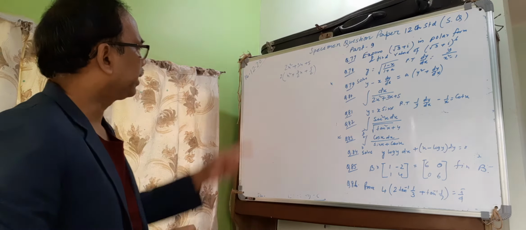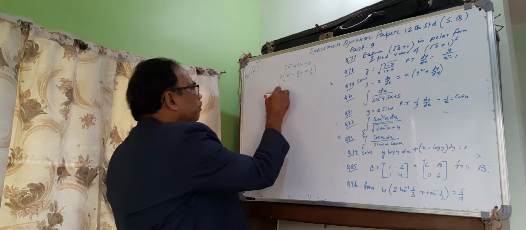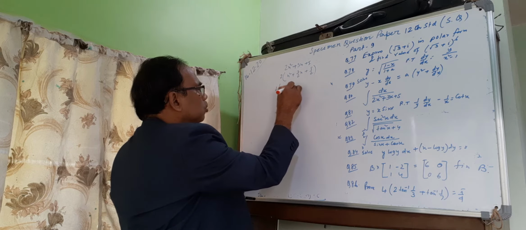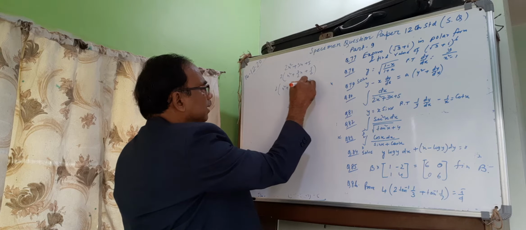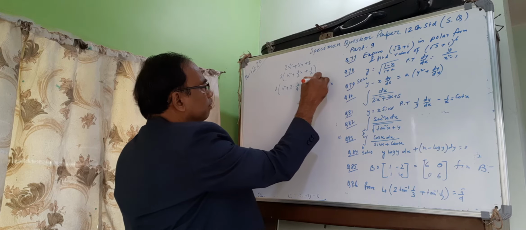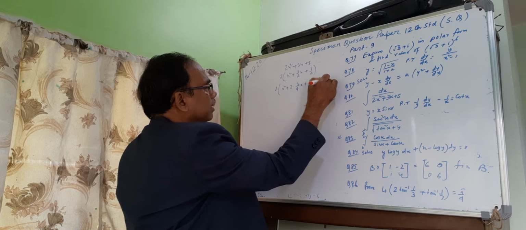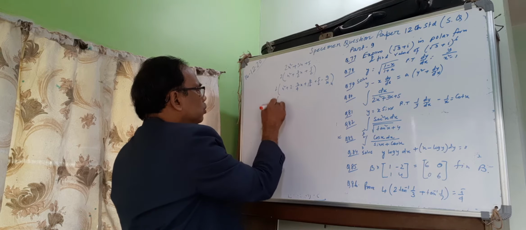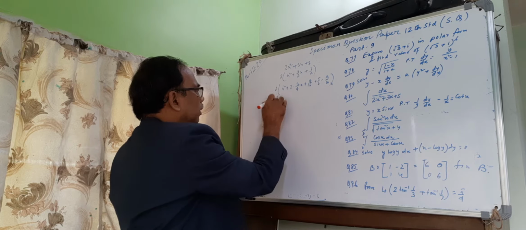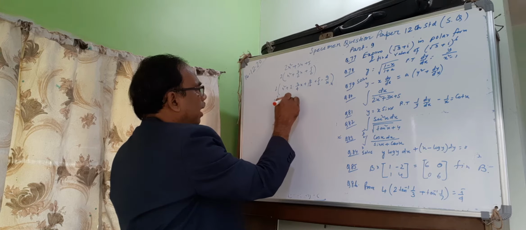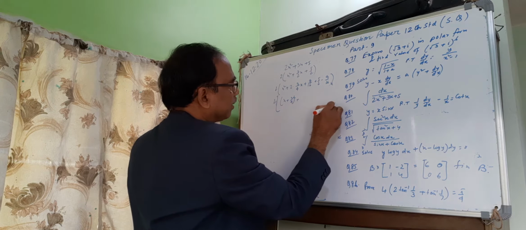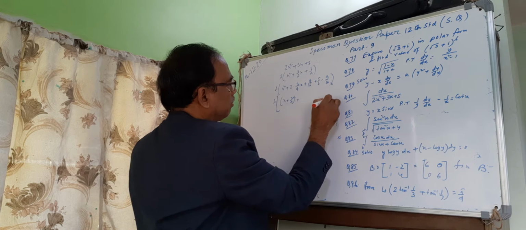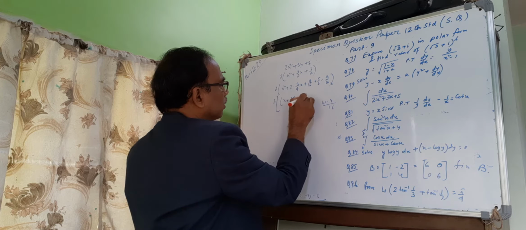Now try to make it a square form: 2[x² + 2·(3/4)x + 9/16 + 5/2 − 9/16]. That is 2[(x + 3/4)² + (√31/4)²], since the LCM is 16.